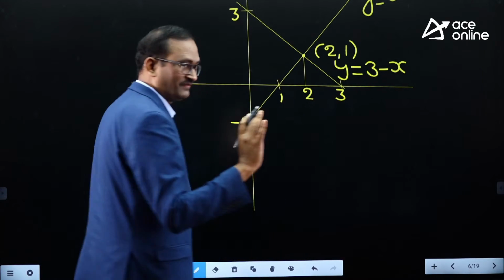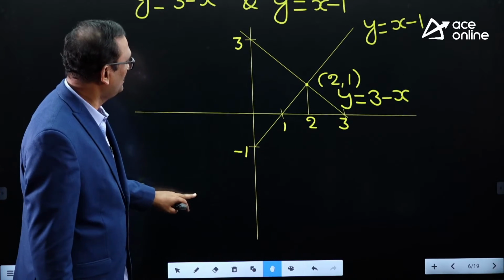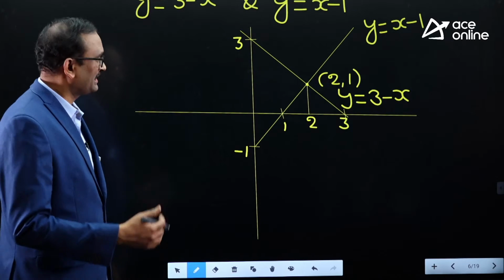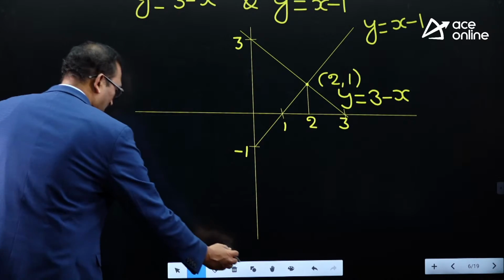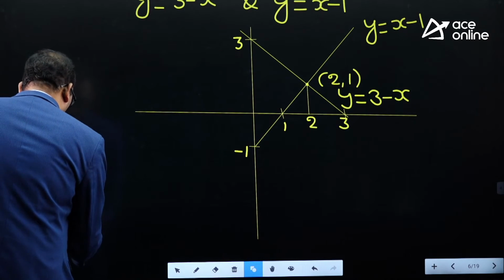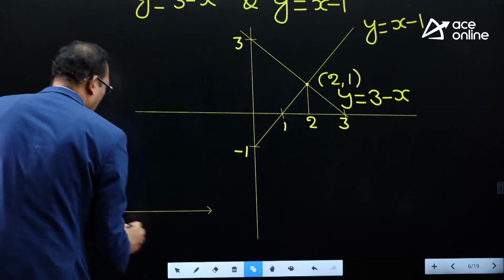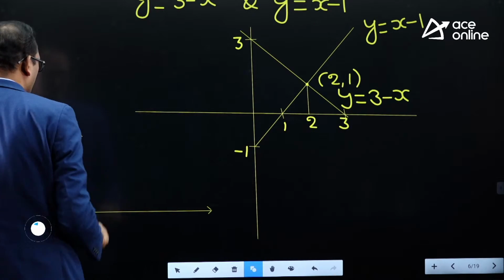I will draw the diagram once again. So have a look at the diagram.